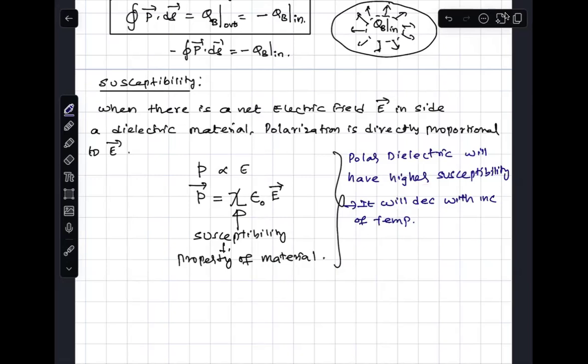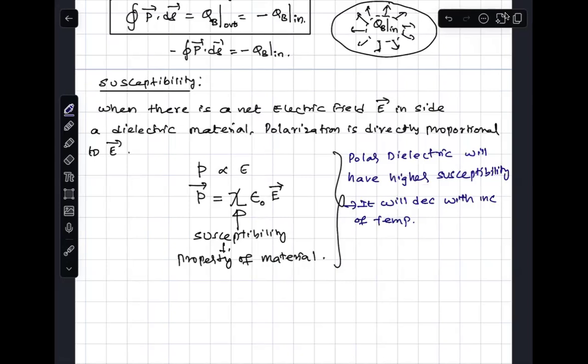Thermal agitation will disturb the orientation. Good section, good teacher. Students will be organized in their sitting pattern. They won't get disturbed. But suddenly there is some noise outside. Even though they are good students, with a good teacher, some disturbance is noticed.